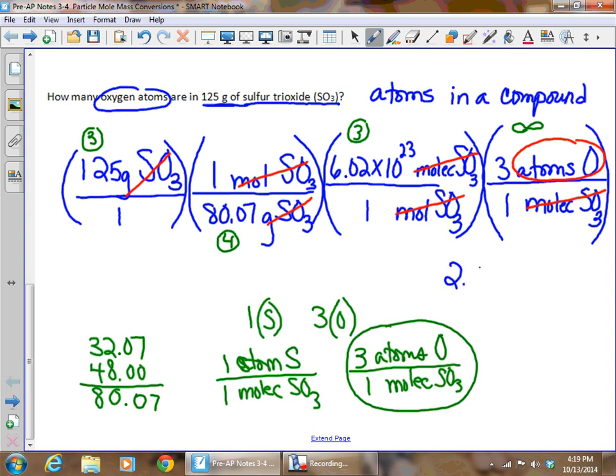I get a whole lot of people that say 2.82 atoms of oxygen. Does that even make sense? No. Not in 125 grams of sulfur trioxide that we can measure out on our balance. Look at the end of the display on your calculator for that E24, that times 10 to the 24th, because that's what we need. 2.82 times 10 to the 24th atoms of oxygen is our answer.